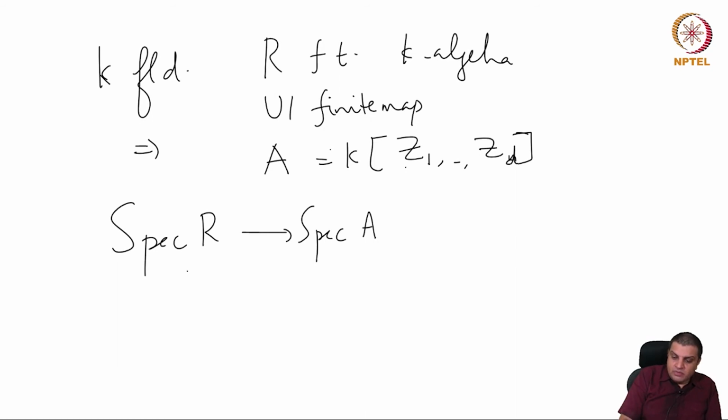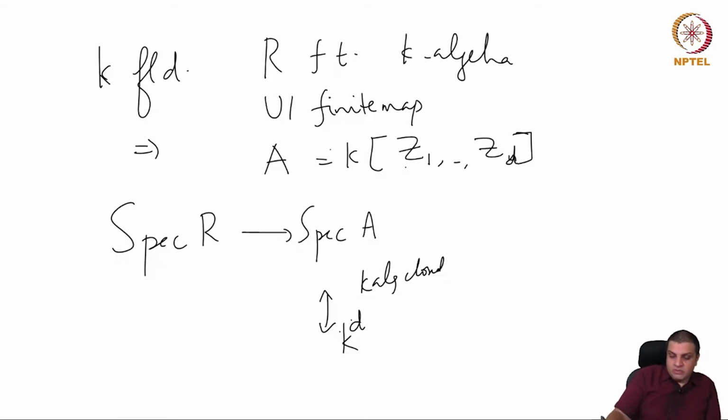If K is algebraically closed, then we can think of Spec A by its maximal ideals, and maximal ideals correspond to points. So we can think of this as some space K^d, at least if K is algebraically closed.